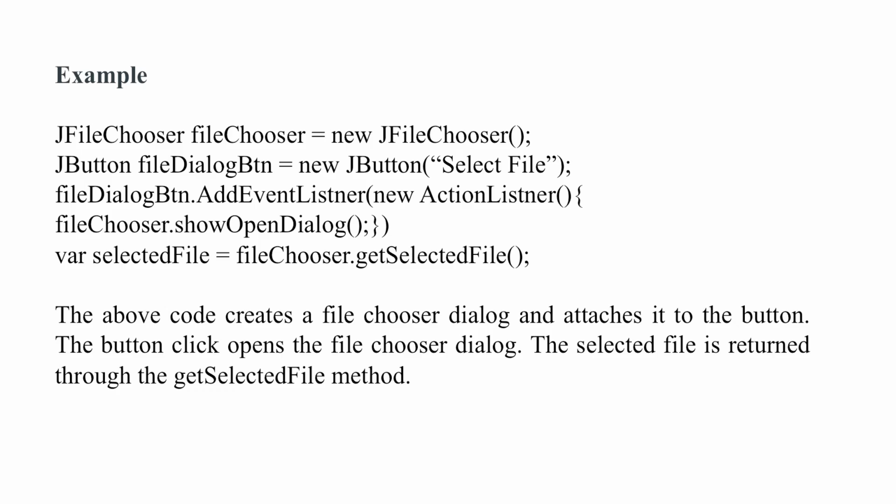Here we will be adding an event listener, new ActionListener, fileChooser.showOpenDialog, variable selectedFile = fileChooser.getSelectedFile. So what it does is create a file choosing dialog and attach a button. When we click this button, it will open a file chooser dialog.